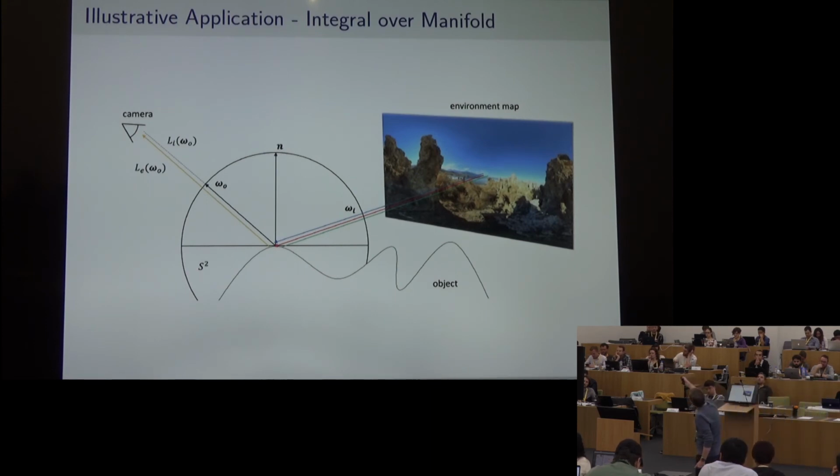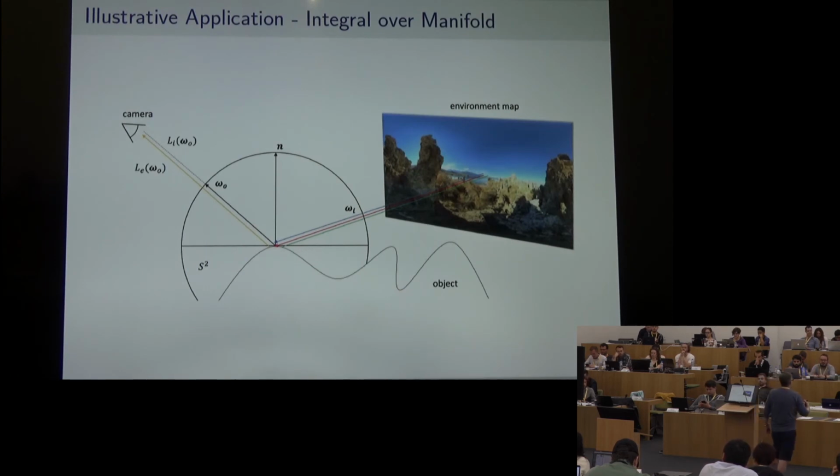Okay, so we've got some object, and we want to plop that object into an environment. And what we want to do is render the reflections on that object in such a way that it is representative of the environment that it has been embedded in.